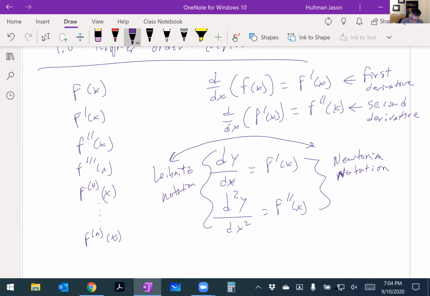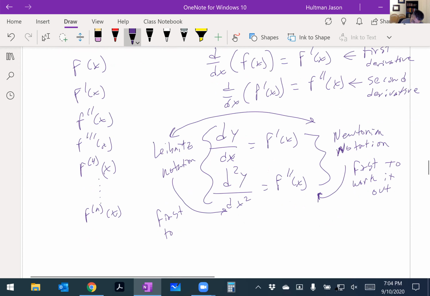Leibniz had his notation and Newton had his notation, and Newton actually figured out calculus first. He was the first to work it out, but Leibniz was the first to publish.